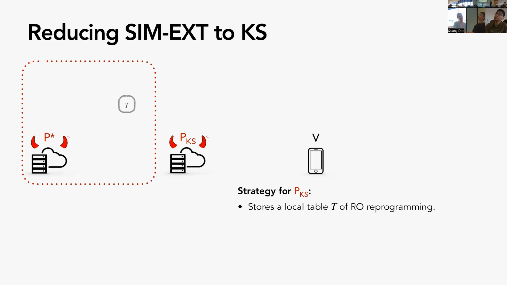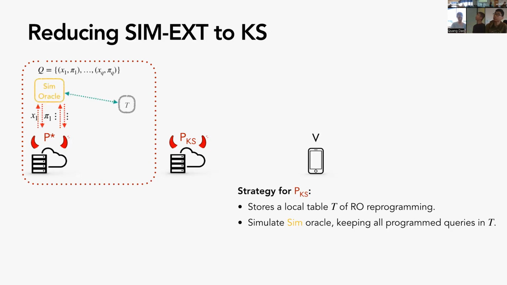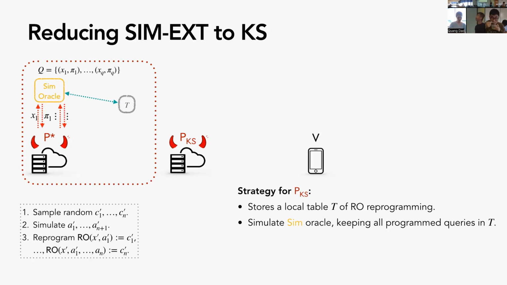So let's instantiate some local table. Once we have this table, we can simulate this proof simulation oracle, and it keeps all the programmed queries within this local table. Now, let me just remind you quickly how these simulators usually work.